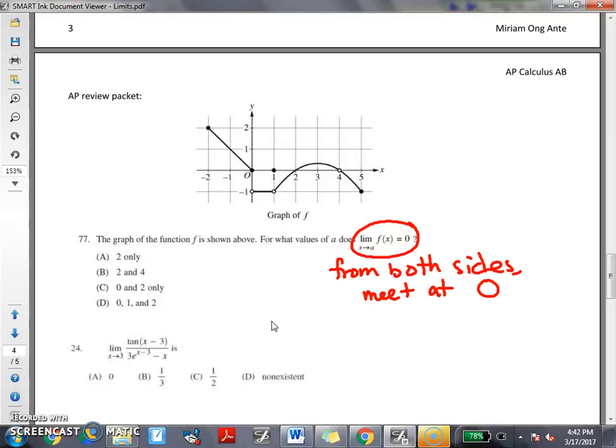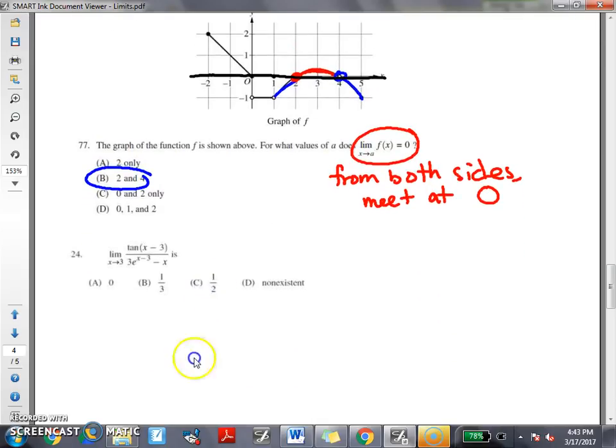So I'm not going to go over this example. I'm going to let you guys work through it, and you should get the answer 2 and 4, because at 2 and 4, from the left and from the right, they meet at 0, and also at 4. From the left and from the right, they meet at 0. Okay, 0 is right here. I'm going to put a line through here.